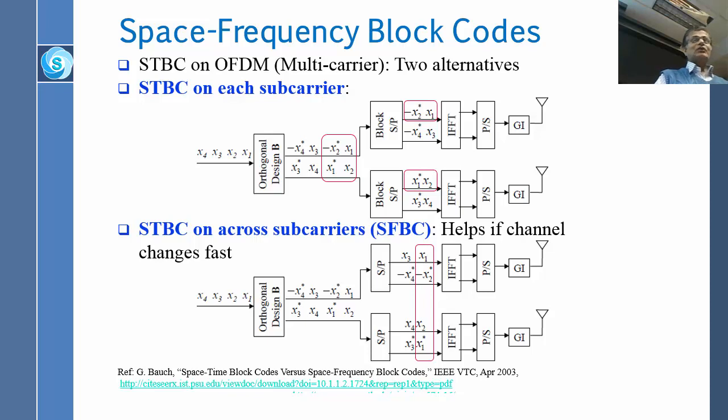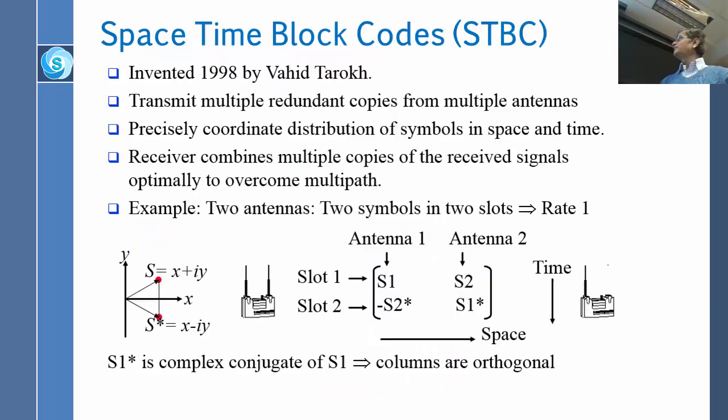Better than without doing this coding. It doesn't increase the rate, you see, because you are sending two symbols in 2 time slots. You didn't get any rate increase because you have 2 antennas, but with 2 antennas, you now have a much better probability of getting those 2 symbols correctly.